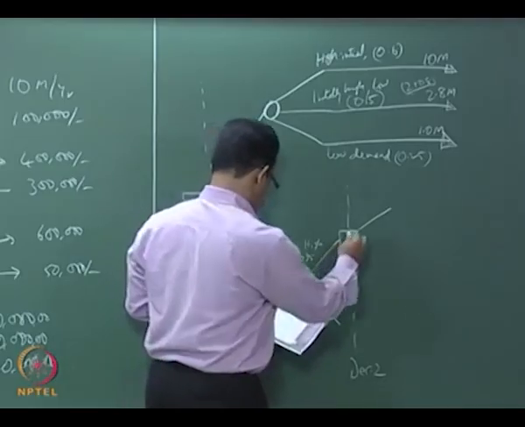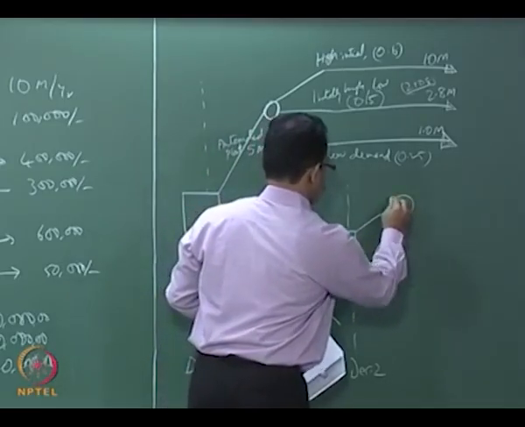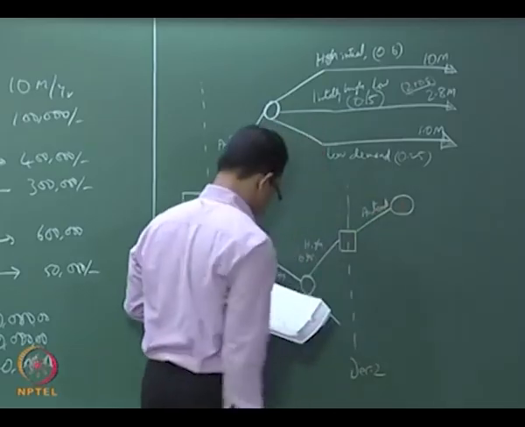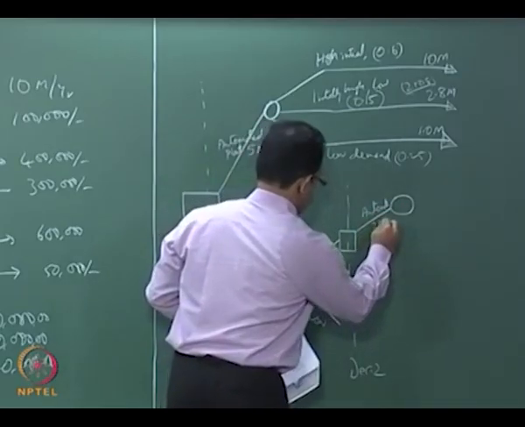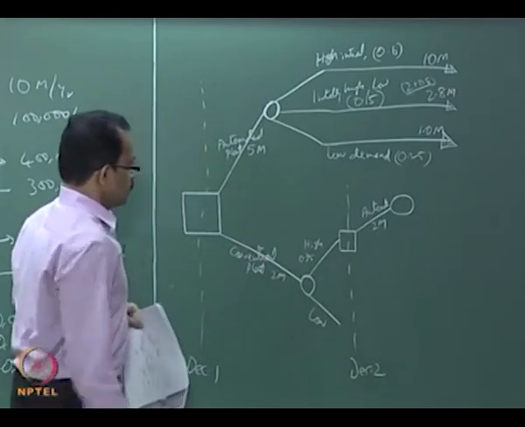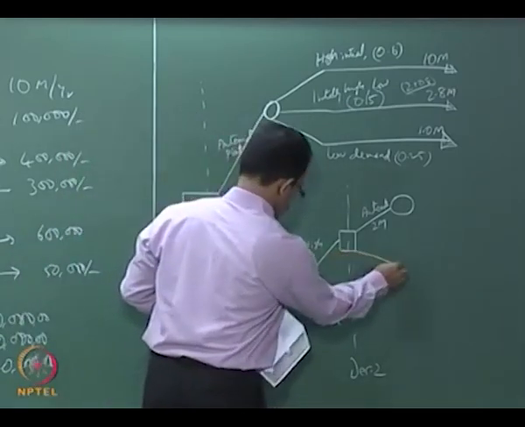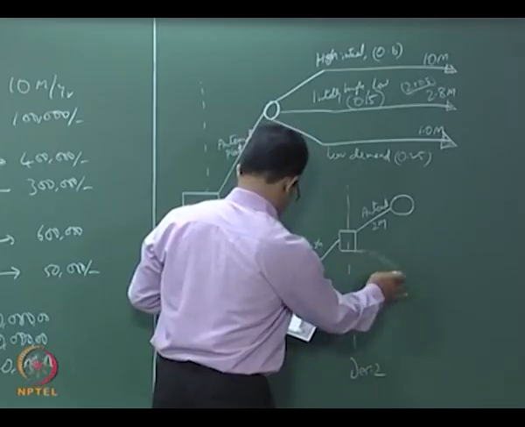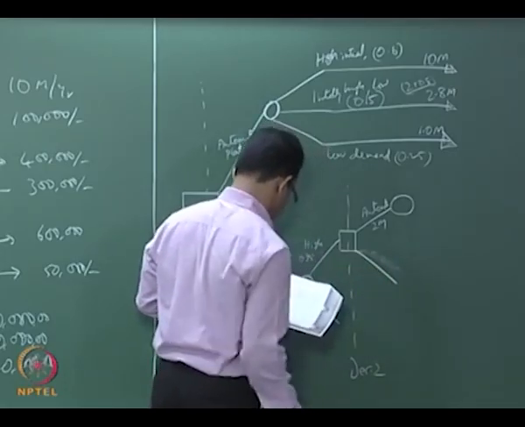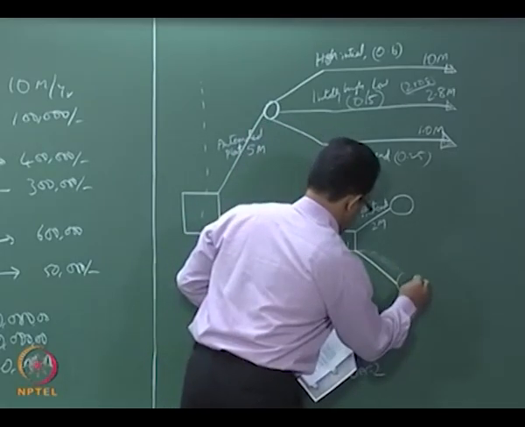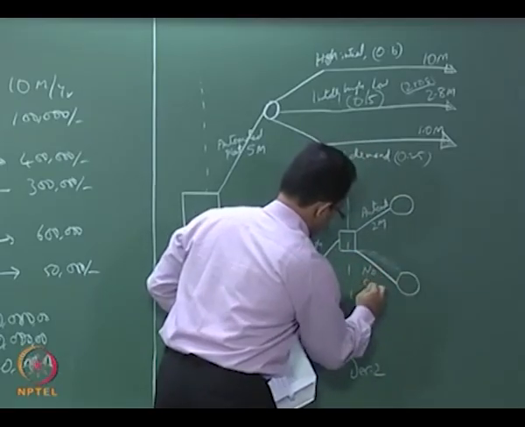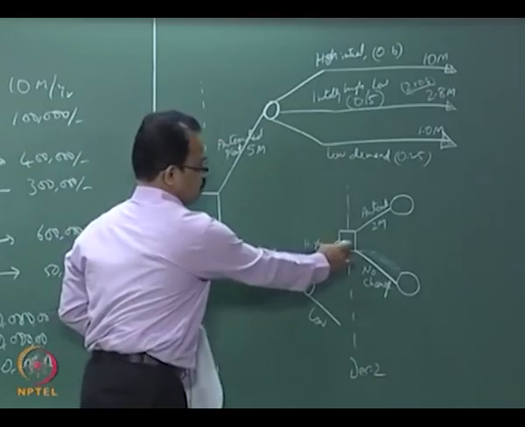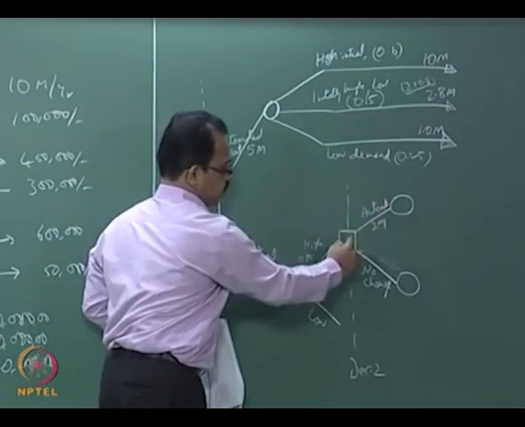So you automate the investment, so this is chance node, automate with an investment of 2 million, or you can go for the other one, the conventional one, no change. So this decision node will take a decision whether to automate the plant or not.